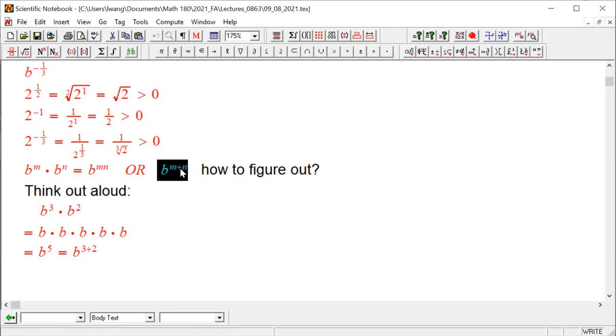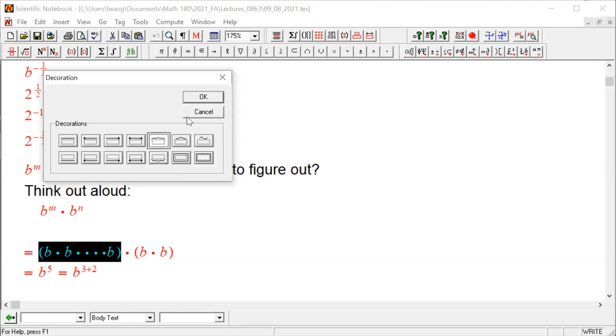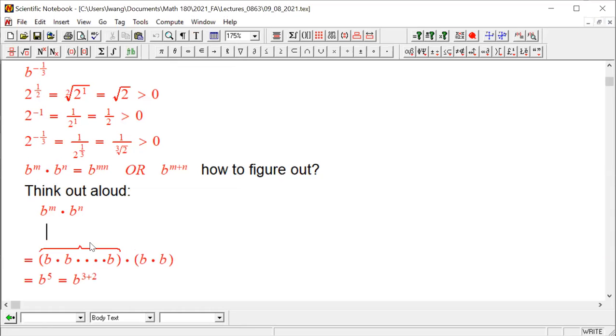And of course, we have to eventually prove this. And that proof will be pretty straightforward. So how do we prove it? If this were m and this were n, for the m part, I will have m b's. There are m of them, m times.